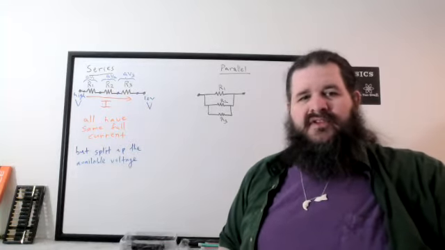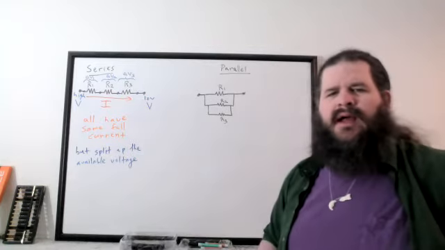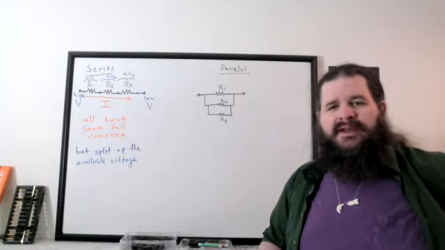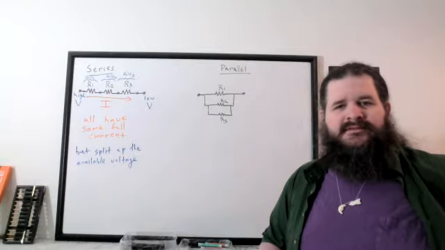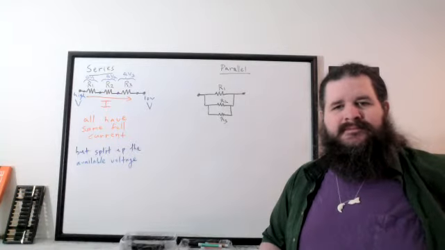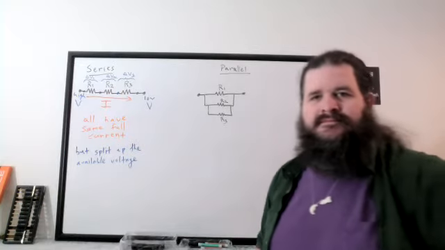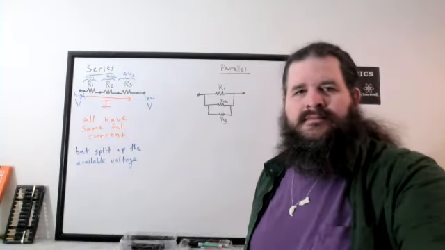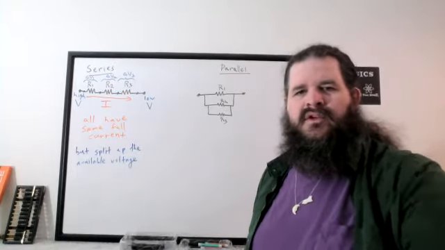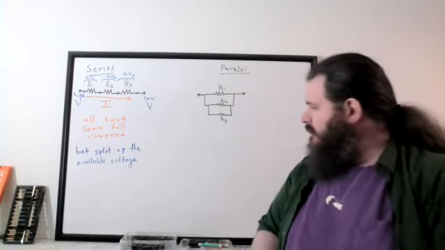If they're different resistances though, how would you expect which one would get more voltage? What's our usual formula for delta V for a resistor?